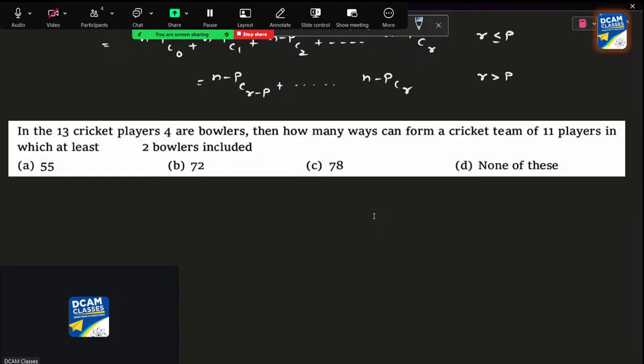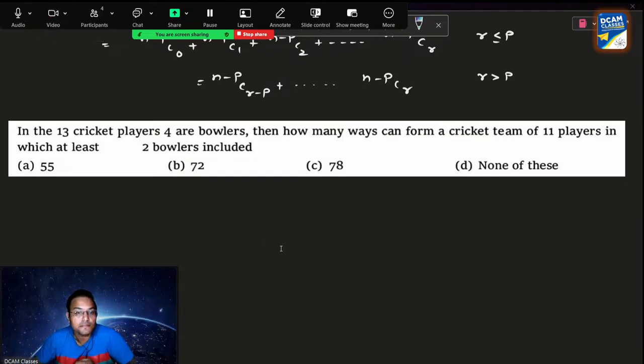Sir, 55? Wait, let me check. No, they're saying 78. In a group of 13 cricket players, 4 are bowlers. How many ways can you form a cricket team of 11 players in which at least 2 bowlers are included? 4 are bowlers, na?